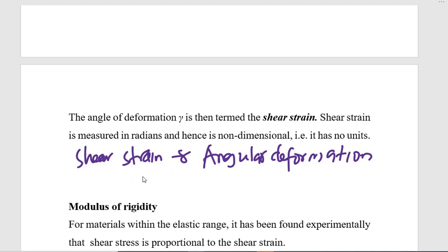The angle by which the material has been deformed will give you the shear strain, and therefore this will equal to gamma, as we have already seen from above.